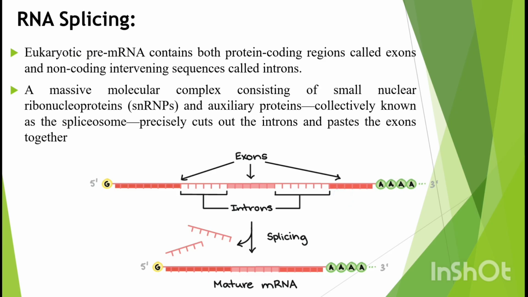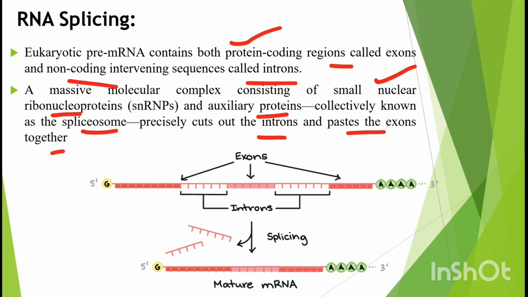Now RNA splicing. Eukaryotic pre-mRNA contains both protein coding regions, exons, and non-coding regions called introns. A massive molecular complex consisting of small nuclear ribonucleoproteins, snRNPs, and auxiliary proteins, collectively known as the spliceosome, precisely cuts out introns and pastes exons together.